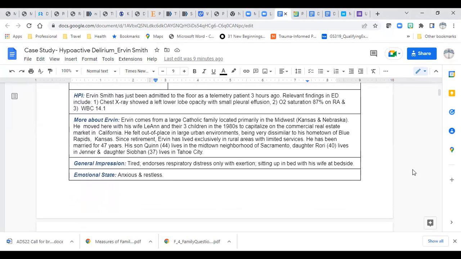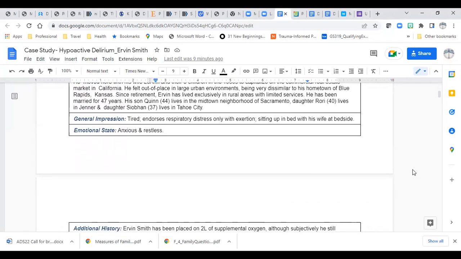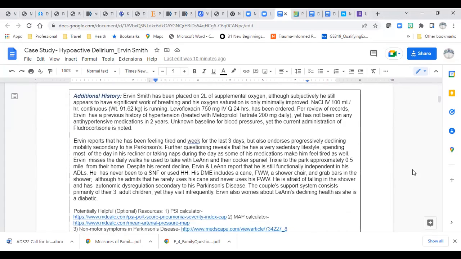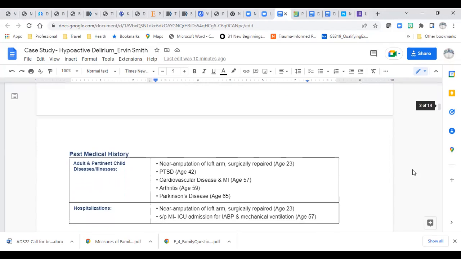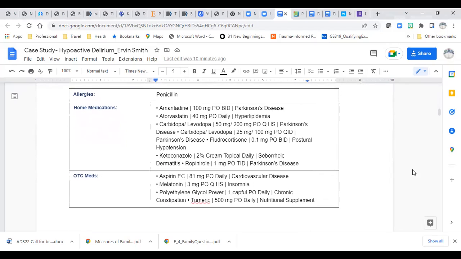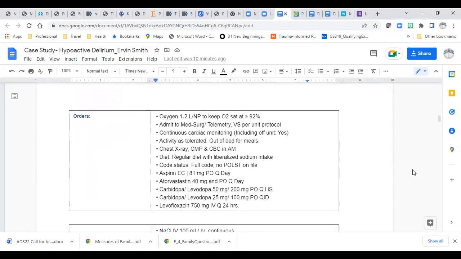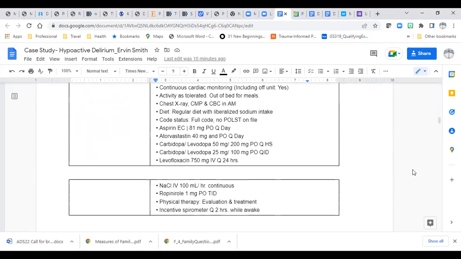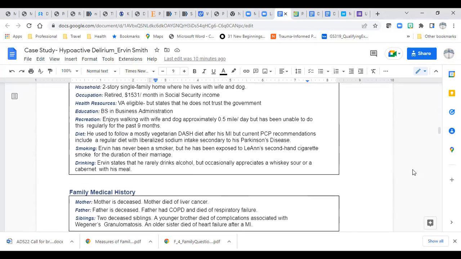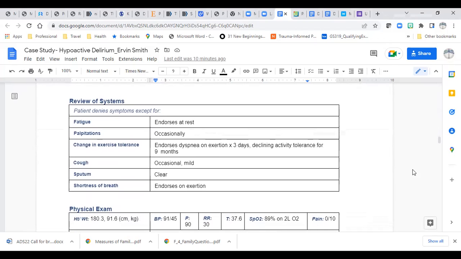So we see how he presented to the ED, more about who he is as a person, the general impression and emotional state, additional medical history, including all of his past medical history, allergies and home medications, as well as over-the-counter medications, and then orders during this acute care stay, as well as his social history, his family medical history, and his review of the systems.